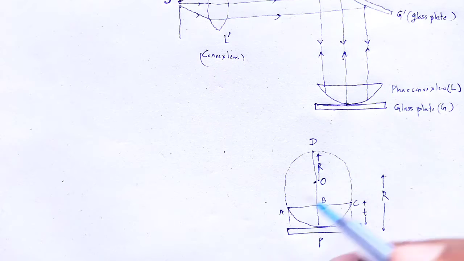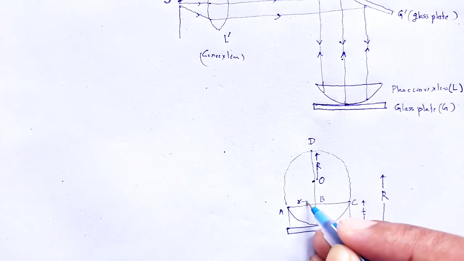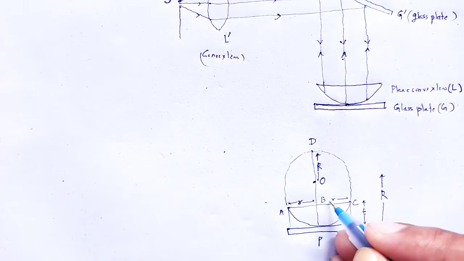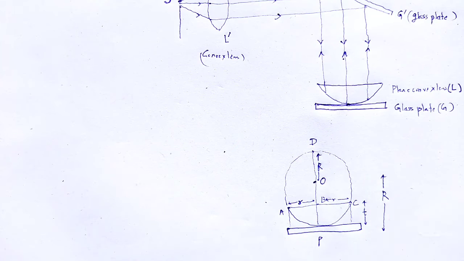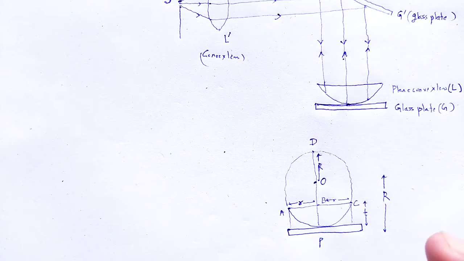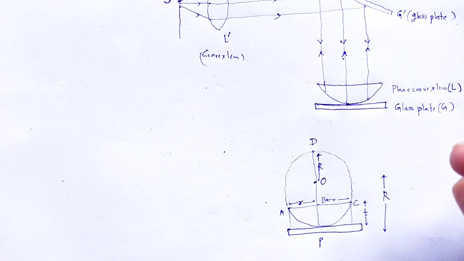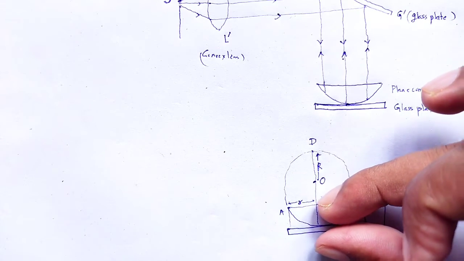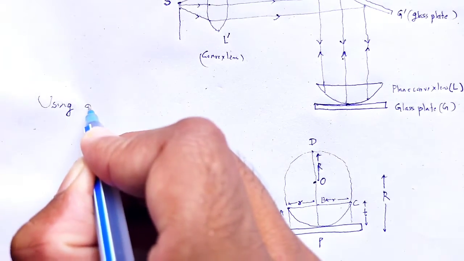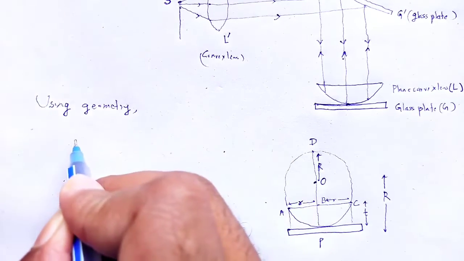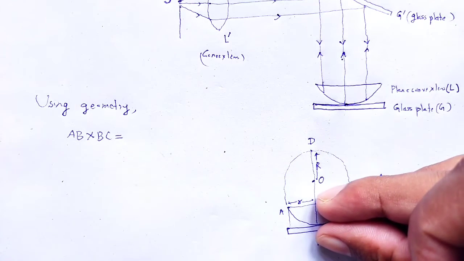Within that thickness, let me draw a circle of smaller radius, that portion be r, and that portion also r. BC and AB are both the same in length. Now using geometry, AB into BC is equal to PB into BD.